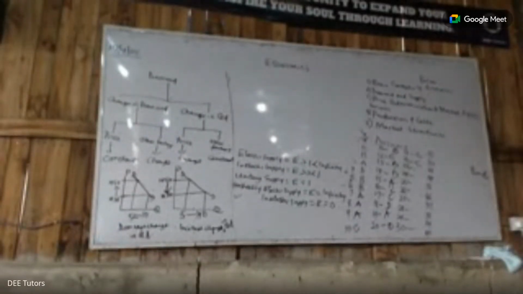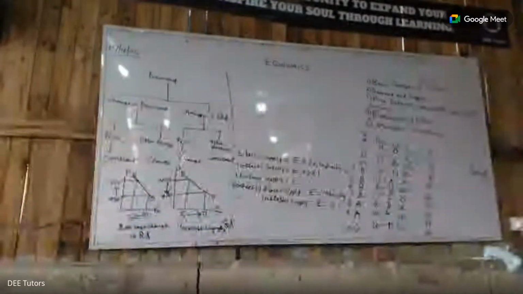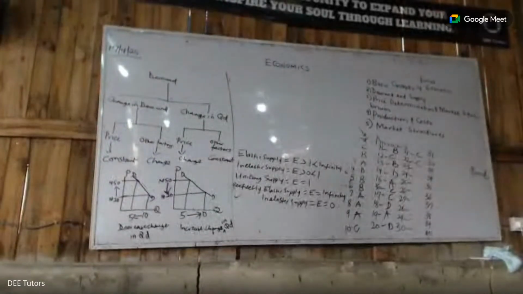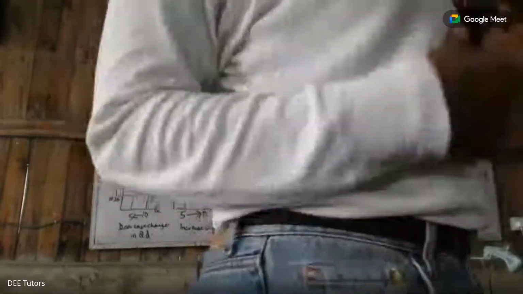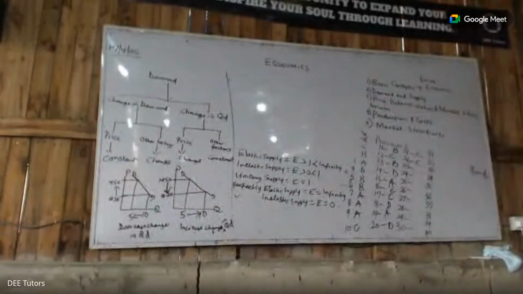Now, inelastic supply. Supply is said to be inelastic when a large change in price leads to a small change in quantity supplied.